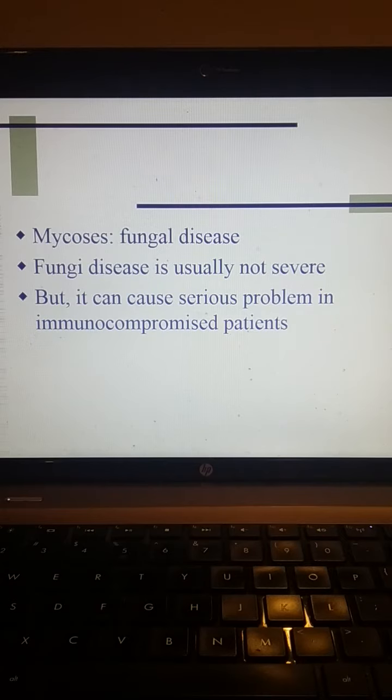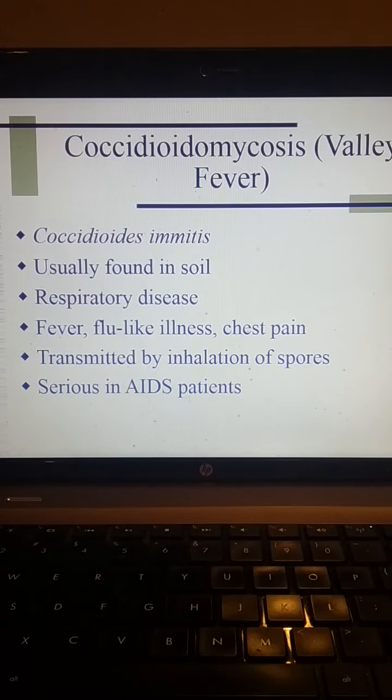You need to know that mycosis is always about fungal disease. One example: the disease name is coccidioidomycosis, and you need to know the whole name, Coccidioides immitis, usually found in the soil. What is the symptom? Flu-like symptoms, chest pain, very serious in AIDS patients. This is one of the examples.